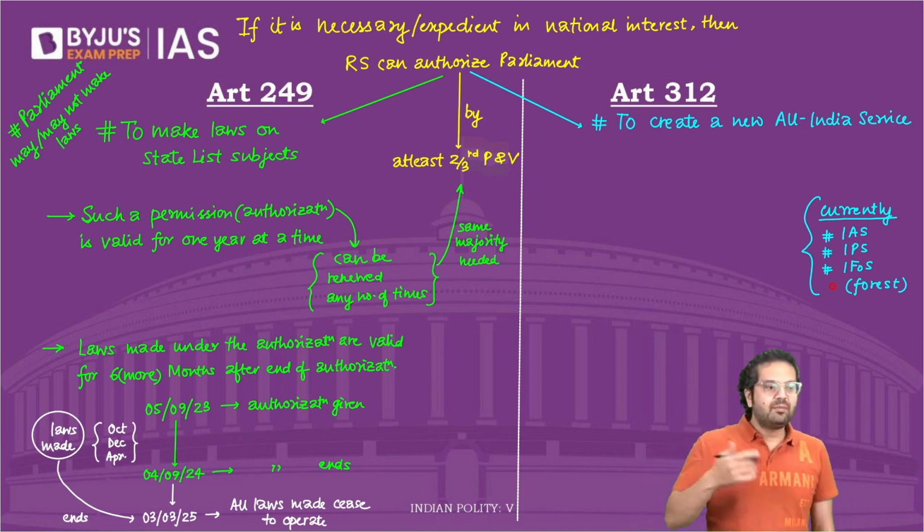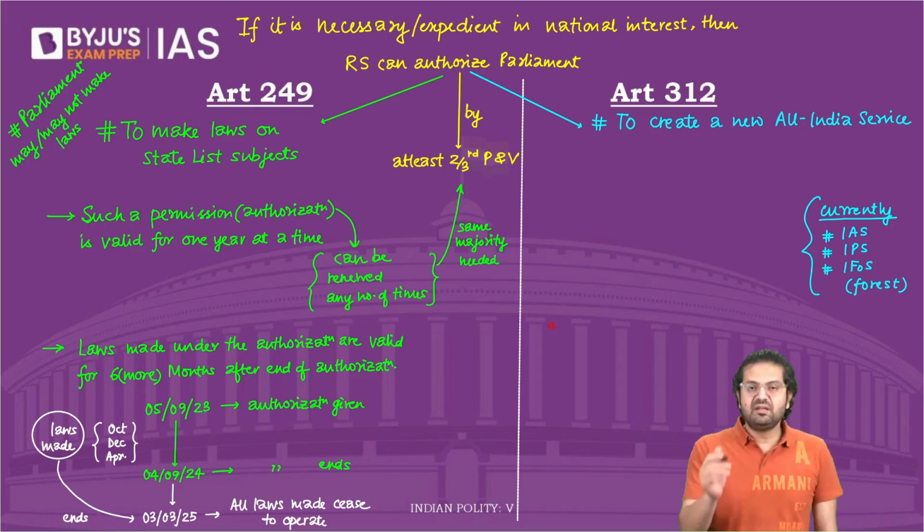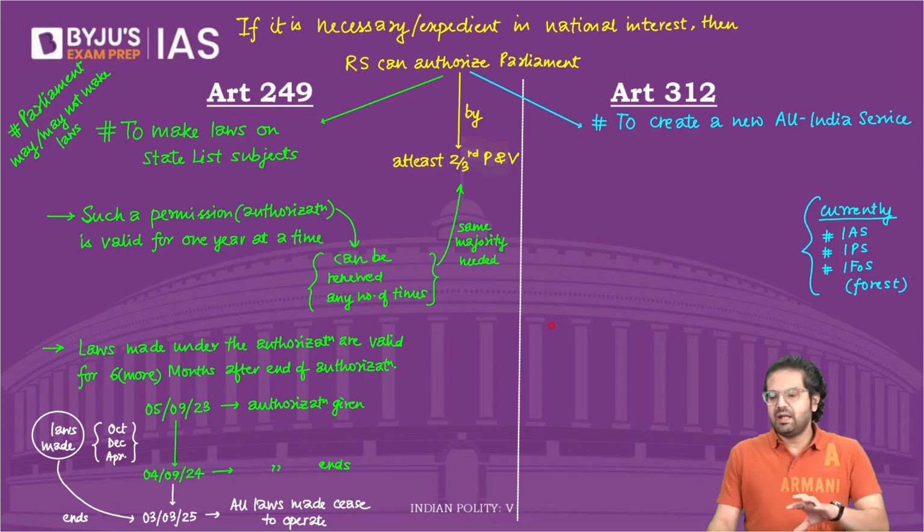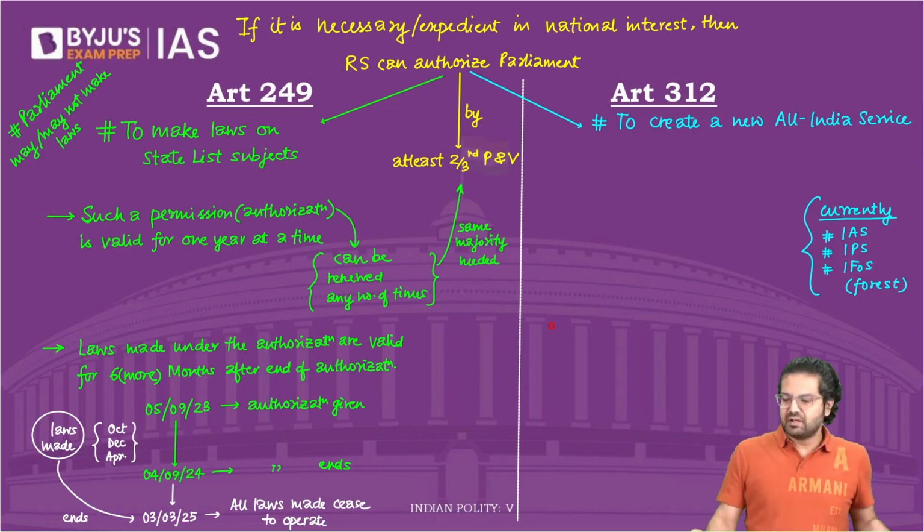But if you want to create more, like Indian Education Service, Indian Medical Service, etc., what you have to do is ask Rajya Sabha, please give permission. Once permission is given, then the parliament can create a new all India service. Actually, there is a law in the country.